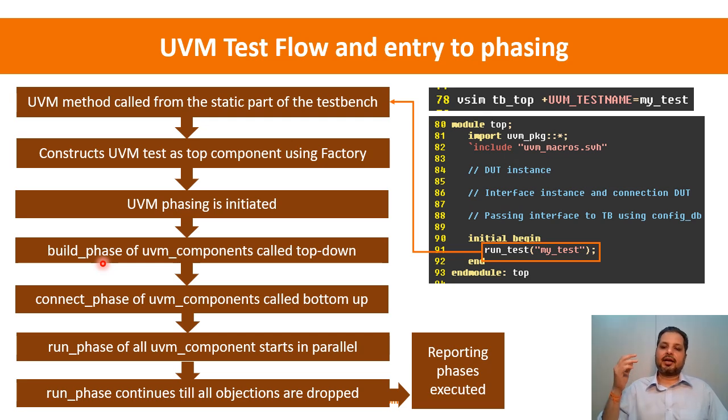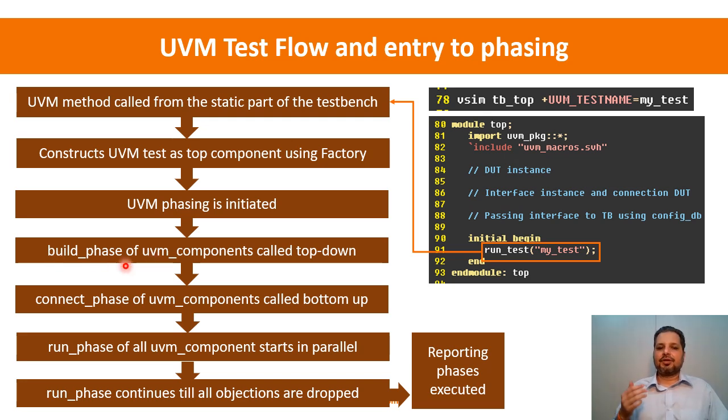Component hierarchy means either a UVM component, or a base class that is deriving UVM component, and then we are deriving that particular base class. For example, if I am deriving uvm_env, uvm_test, uvm_driver, uvm_agent, uvm_monitor, uvm_subscriber, which in turn derive the UVM component, then for all of them the phasing is applicable.